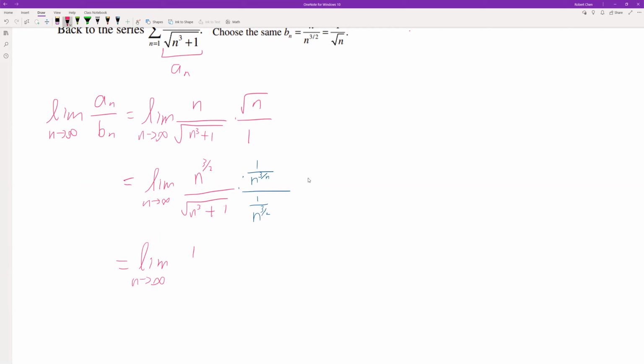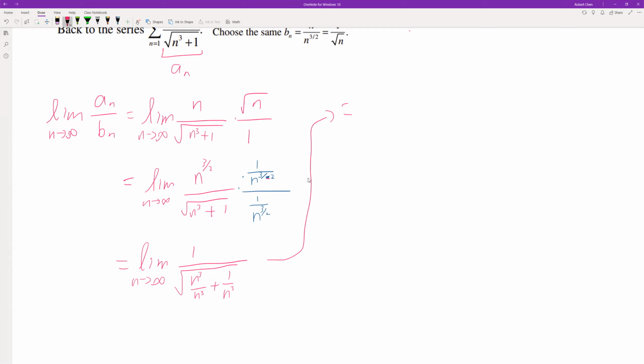In the denominator, I will have n cubed over n cubed plus 1 over n cubed, like that.